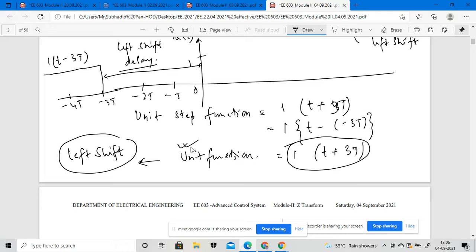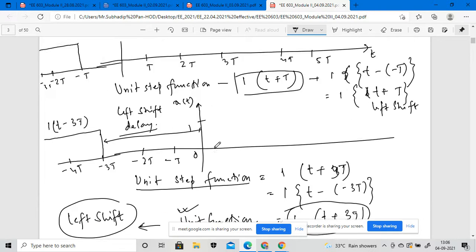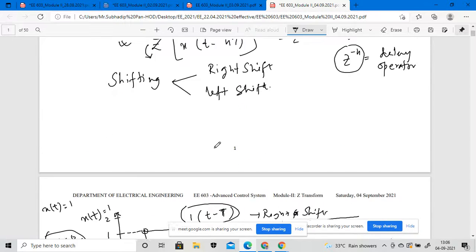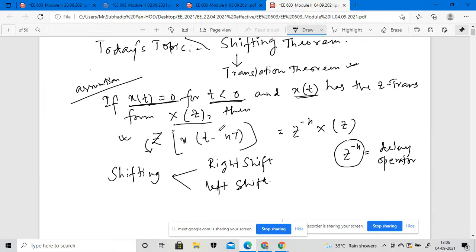Using the unit step function, I am showing how we consider the shifting theorem, right? So if I go from the very beginning, it will come like this.